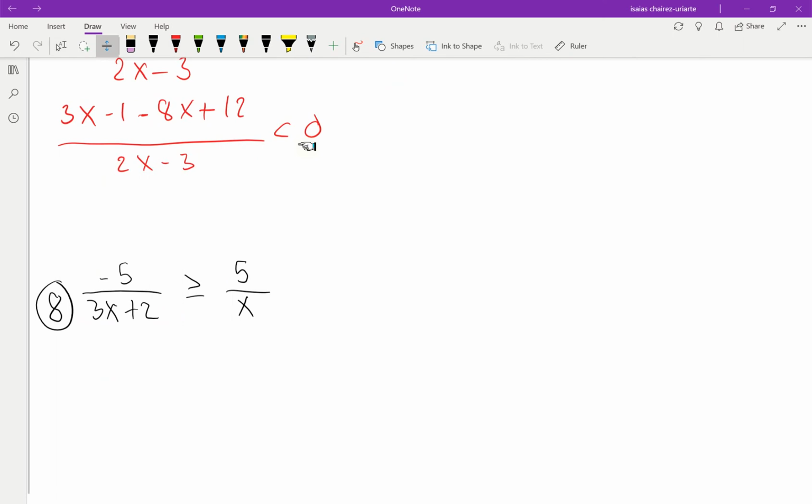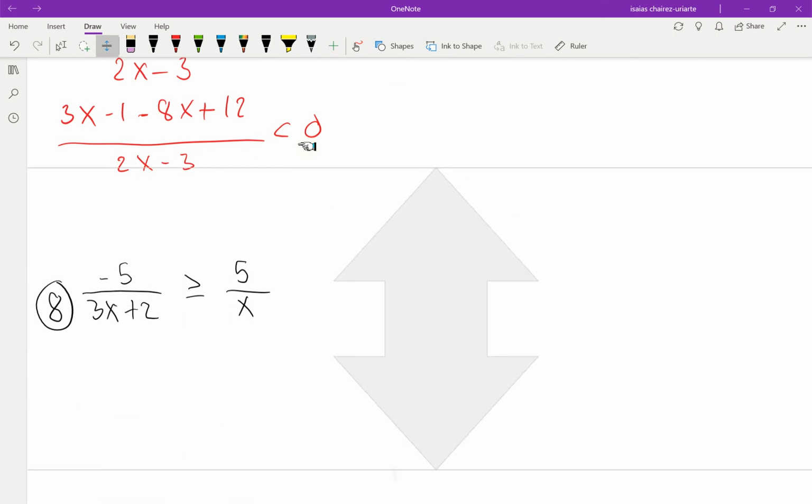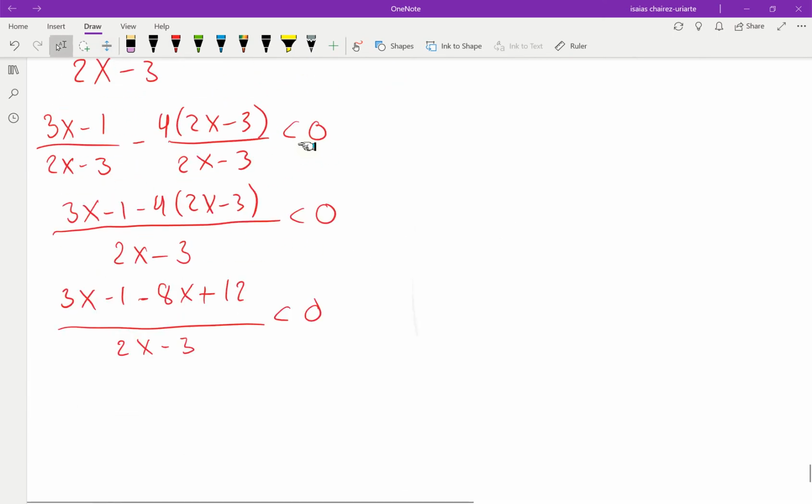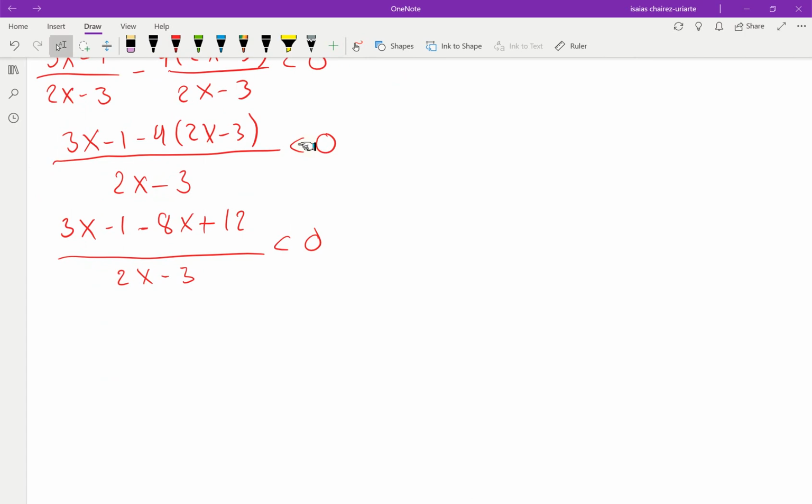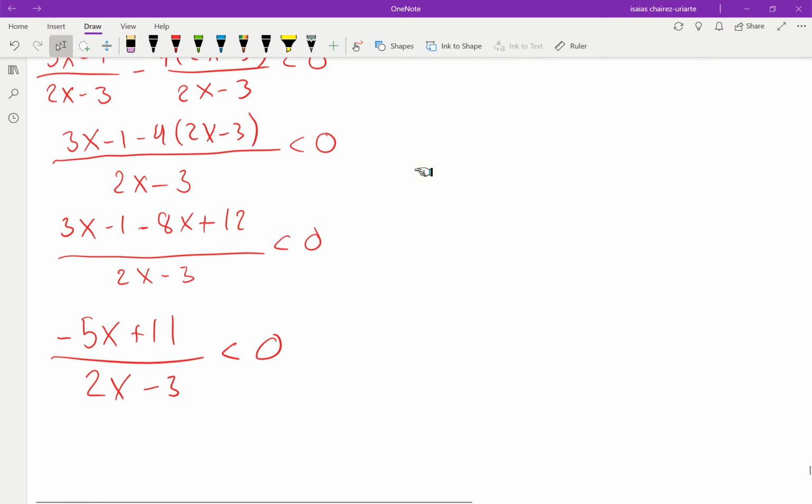Let's give us some room here. Let me collect some like terms. 3x minus 8x is going to become negative 5x. Negative 1 plus 12, that's 11, over 2x minus 3, this is less than 0. Alright, so that's the end of step 1.